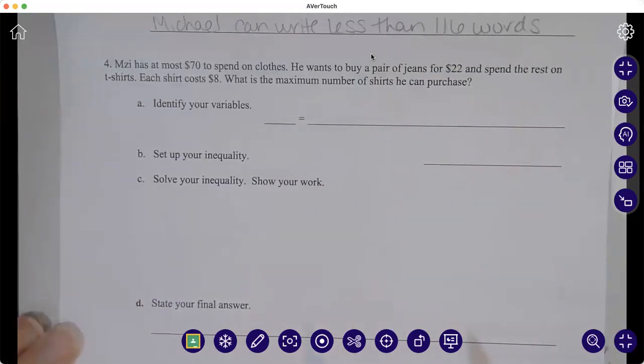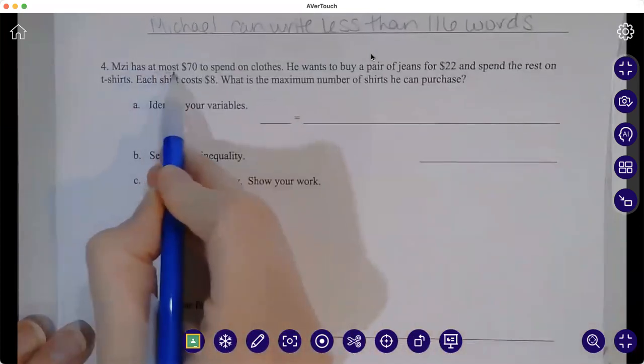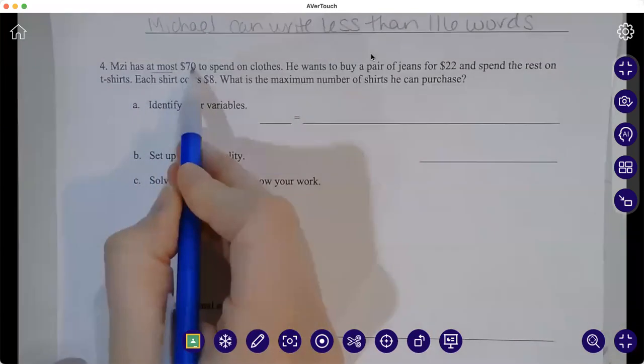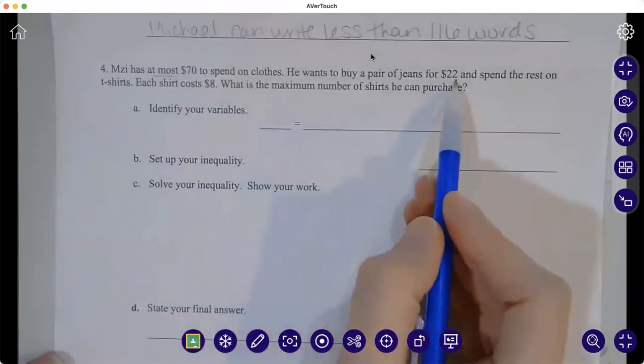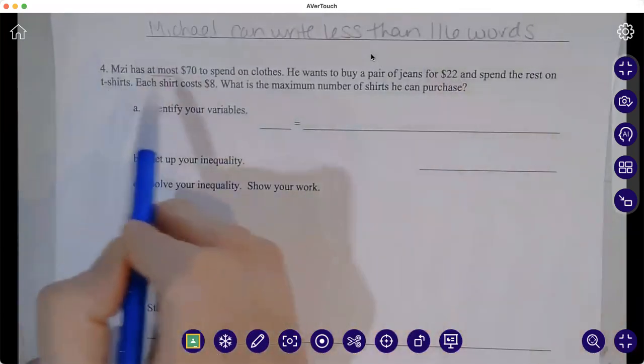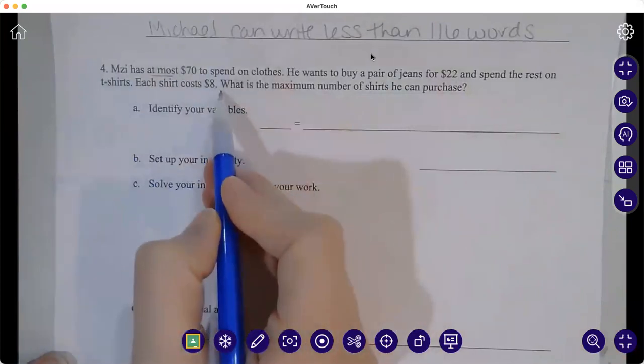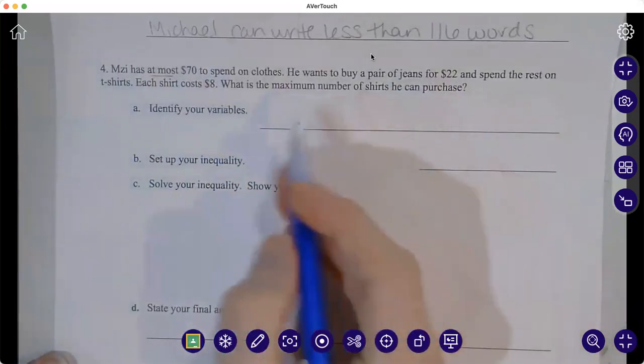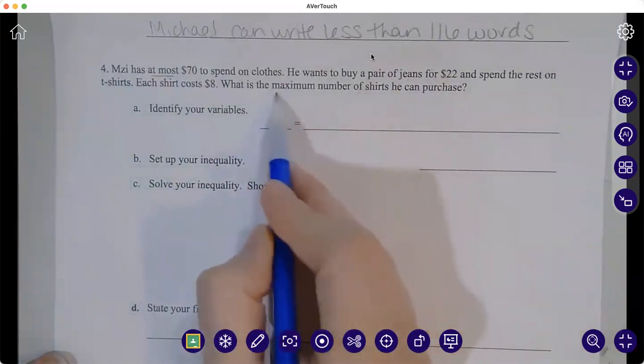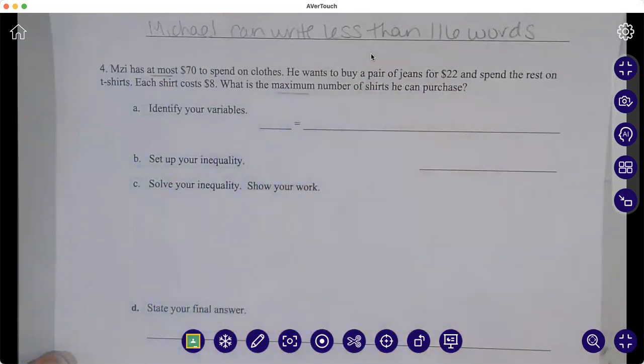Okay. So if we're going to identify our variables, first thing I'm going to look at is that he has at most $70 and he's buying $22 jeans and the rest on multiple shirts that cost $8. So we have 3 different numbers going on here. But we want to know what is the maximum number of shirts he can purchase.